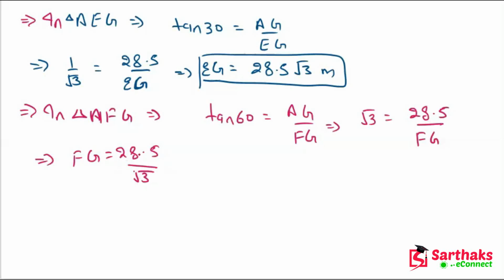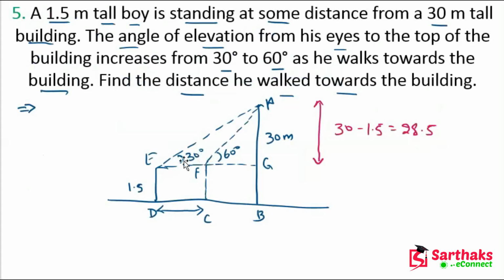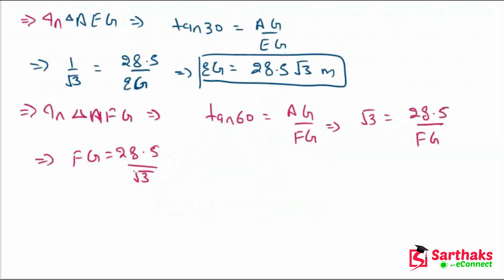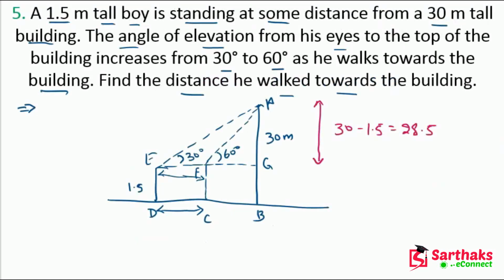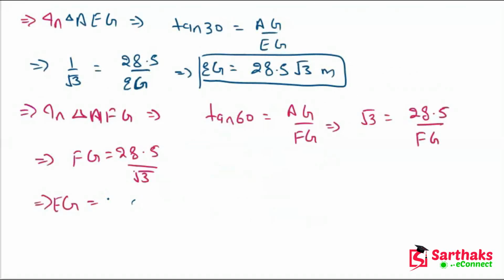Okay, so now what is the value of EF? The value of EF is EG minus FG. EG is equal to EF plus FG, and we have to find EF.